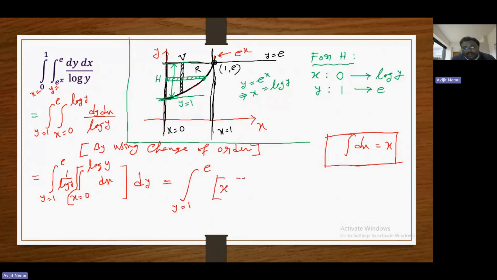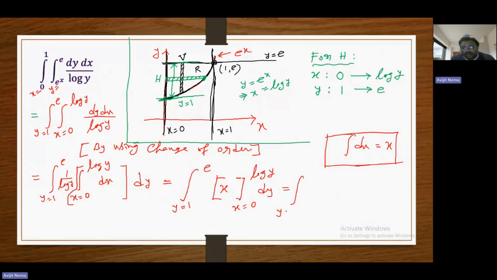As this is definite integration, we have to find the value for x, which ranges from 0 to log y. And with the help of the fundamental theorem of integral calculus, we can find the value by putting the upper limit minus the value of the integration by putting the lower limit.